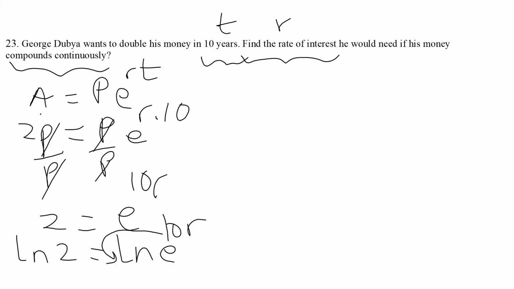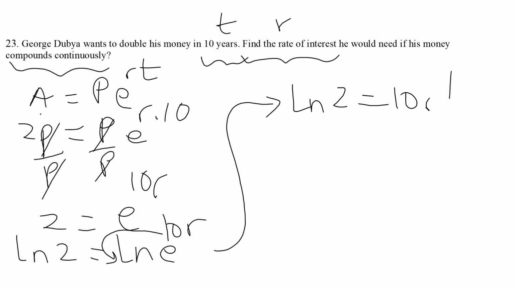And then I'm going to use the power rule of logarithms. So ln 2 is equal to 10r ln e. But ln e is 1. We already know ln e is 1, so I really don't need that, because 10r times 1 is 10r. So to solve for r, I'm going to divide by 10.